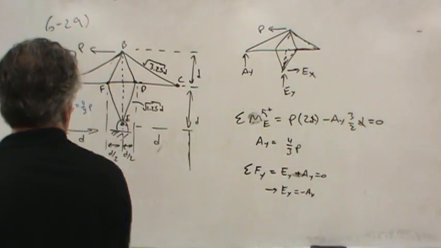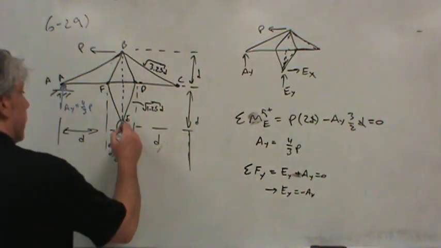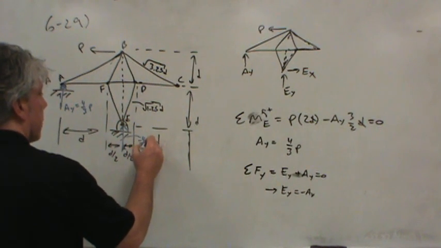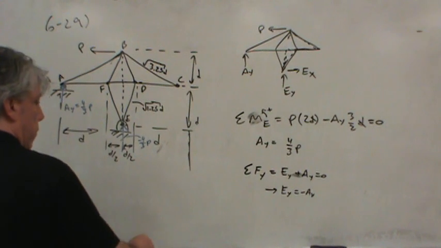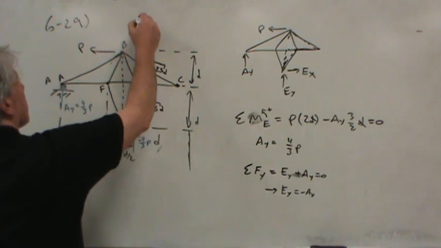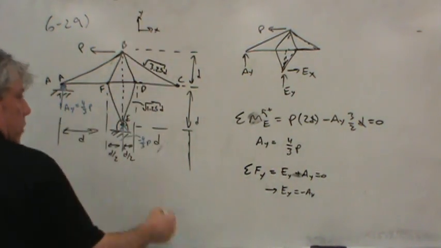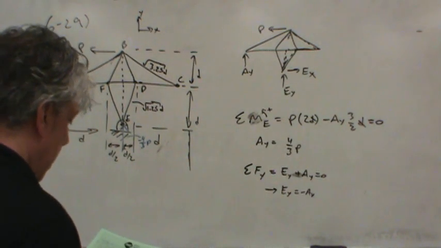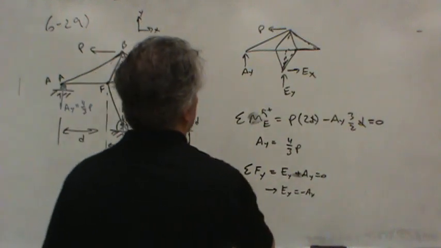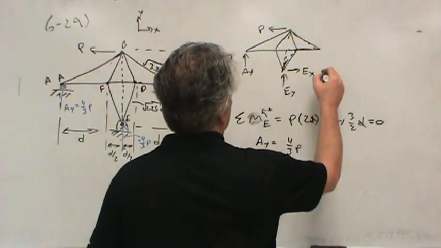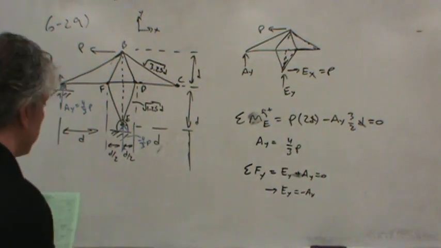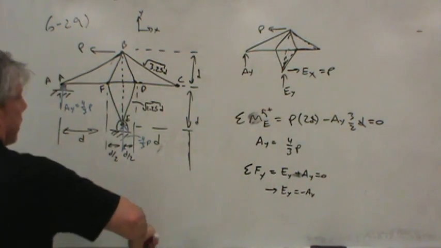So if we were to draw EY in our usual positive direction, we would get negative 4/3 of P. Let's put a coordinate system on this so you know what we're doing. Okay. Now what about summing forces in the horizontal direction? Well, summing forces in the horizontal direction says that EX must be equal to P. Let's make a note of that on our diagram.